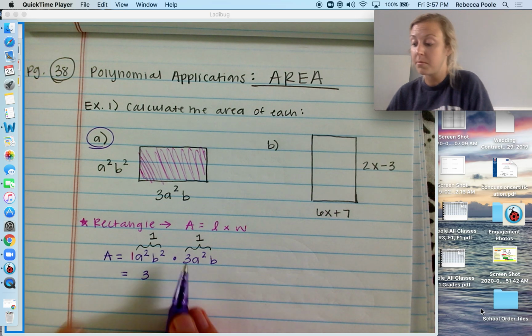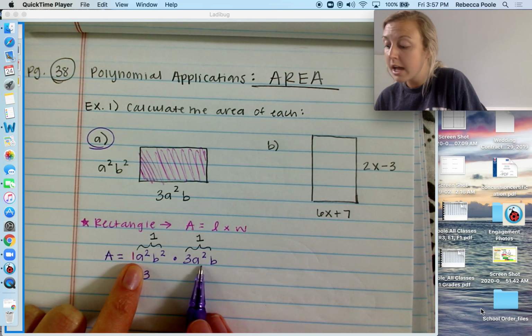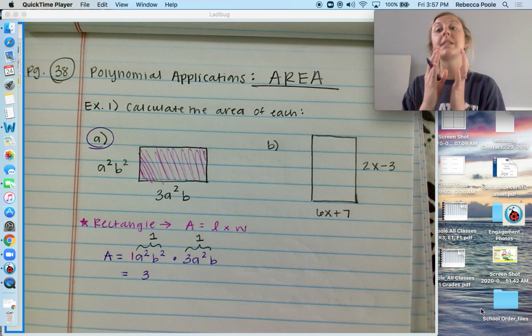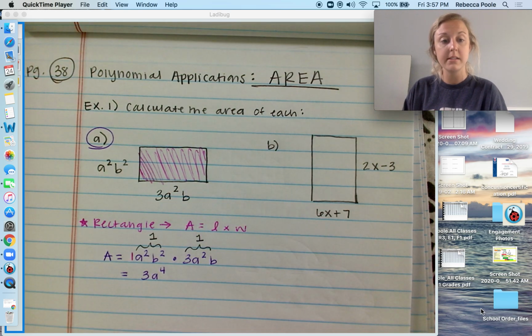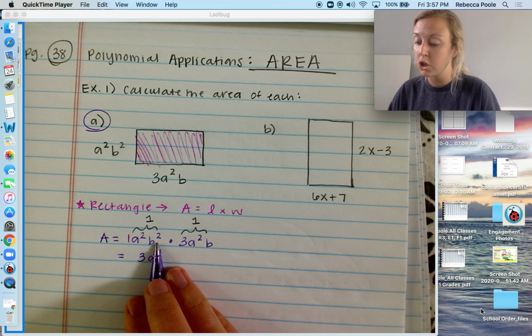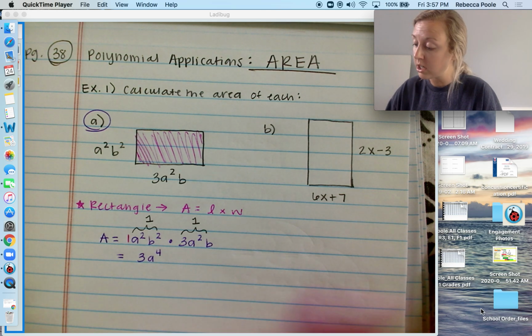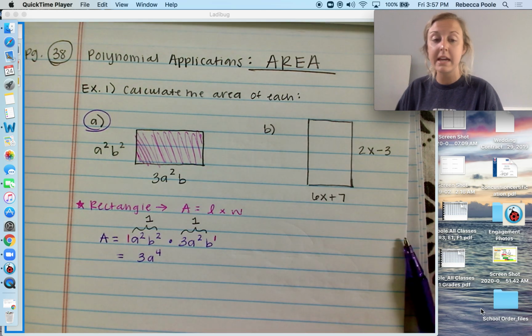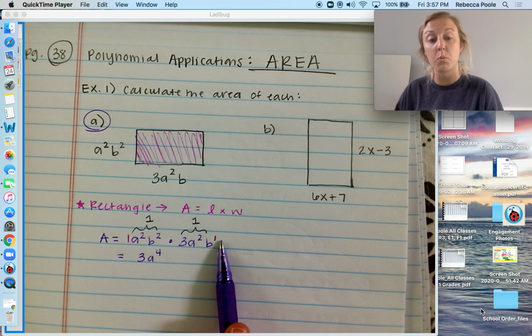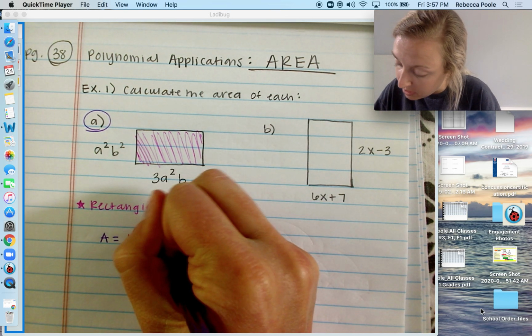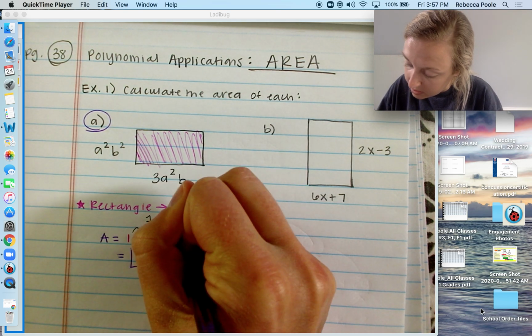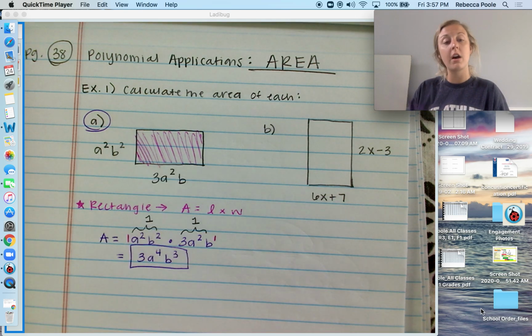Good, we're going to add them. So if I have 2 a's here and 2 more a's here, then when I put them together, 4 a's. And then I have 2 b's here and an understood 1 b here. So when I put 2 b's with 1 more b, 2 plus 1 is going to make 3 b's. So that is my area for letter A, okay?